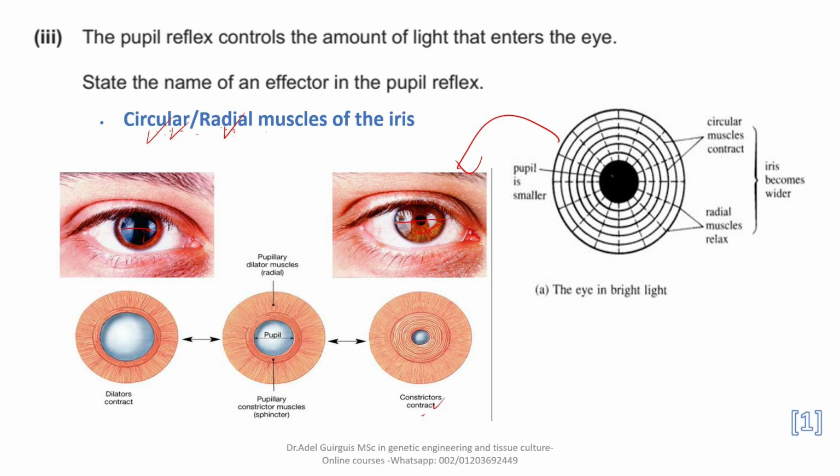Its width becomes wider, while the eye pupil becomes smaller in diameter. So take care when we deal with the iris and the pupil. The pupil is just the opening where light passes through. The iris means the colored part of our eye.